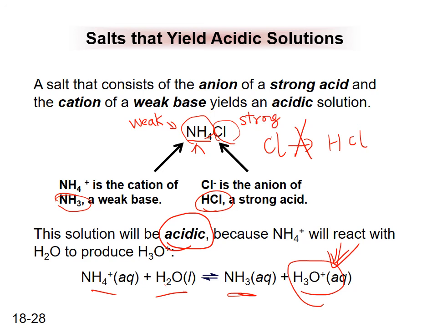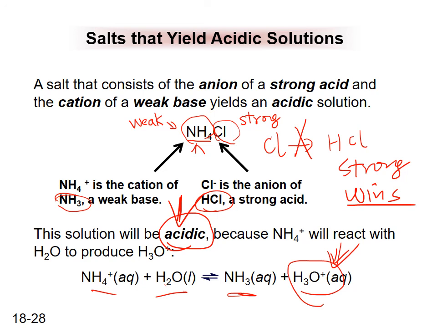So remember, strong wins. The acid side is strong, so it wins, and therefore the solution is acidic. The salt comes from a strong acid, so the solution is acidic.